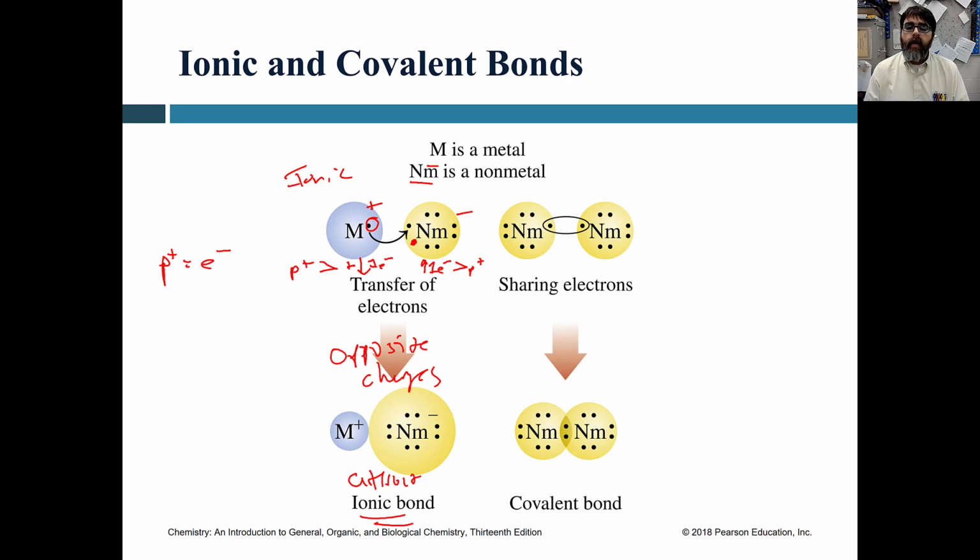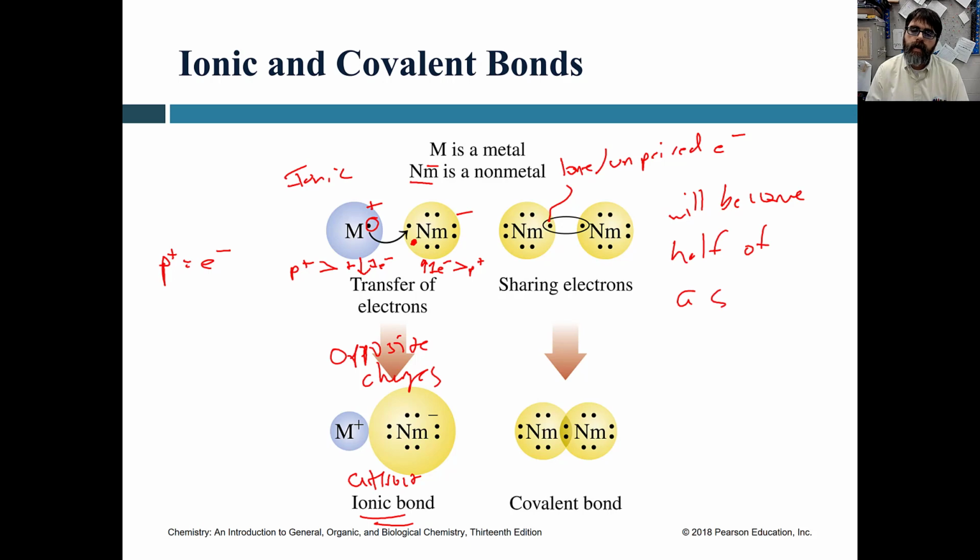When it comes to sharing, what will happen is elements will have a lone or unpaired electron, and that electron will become half of a shared pair of electrons.